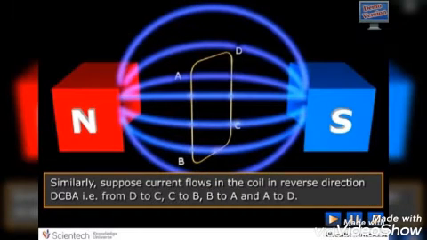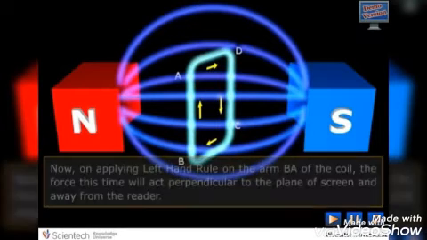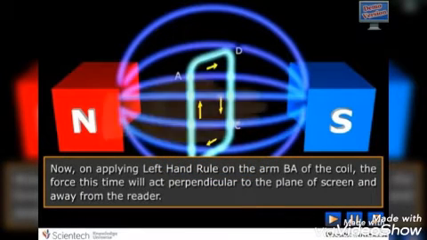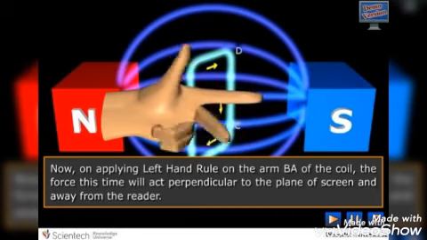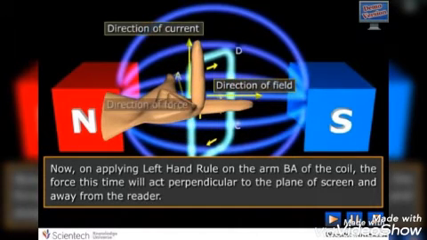Similarly, suppose current flows in the coil in the reverse direction DCBA. Now applying the left hand rule on the arm BA, this time the force will act perpendicular to the plane of the screen and away from the reader.